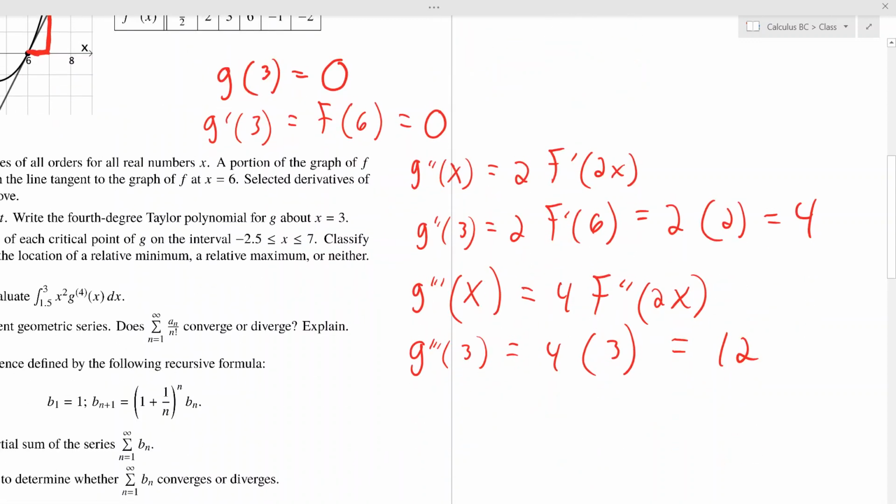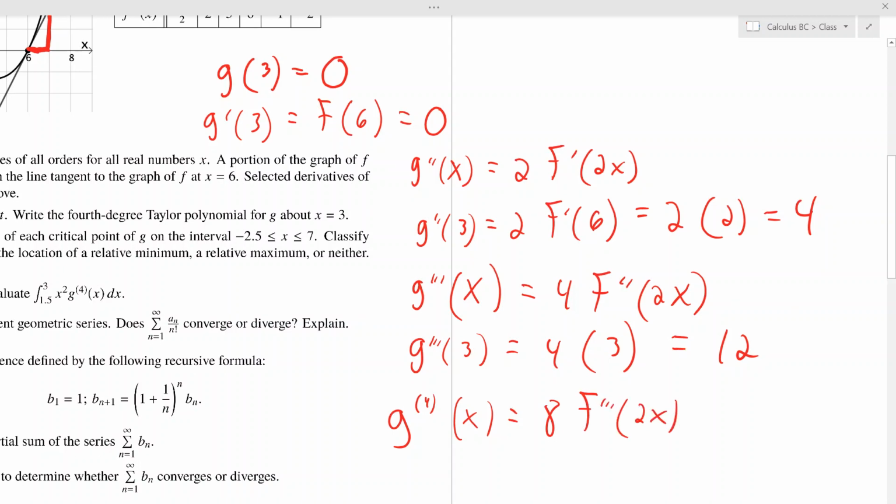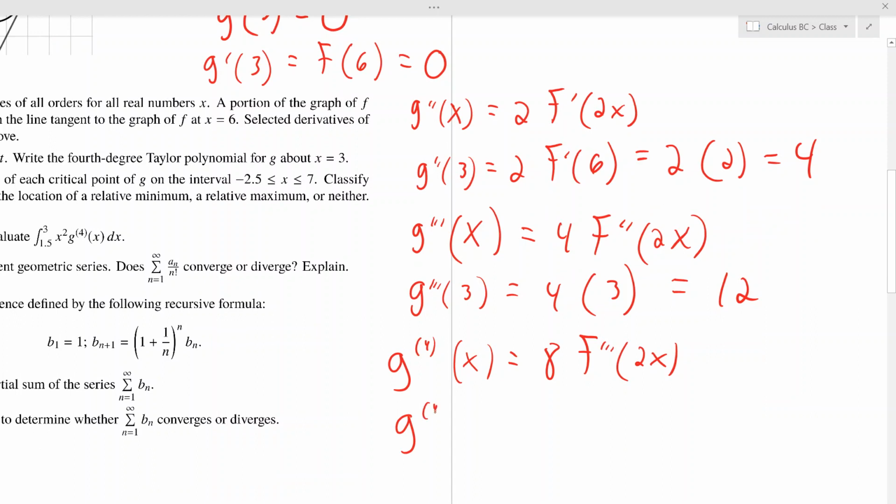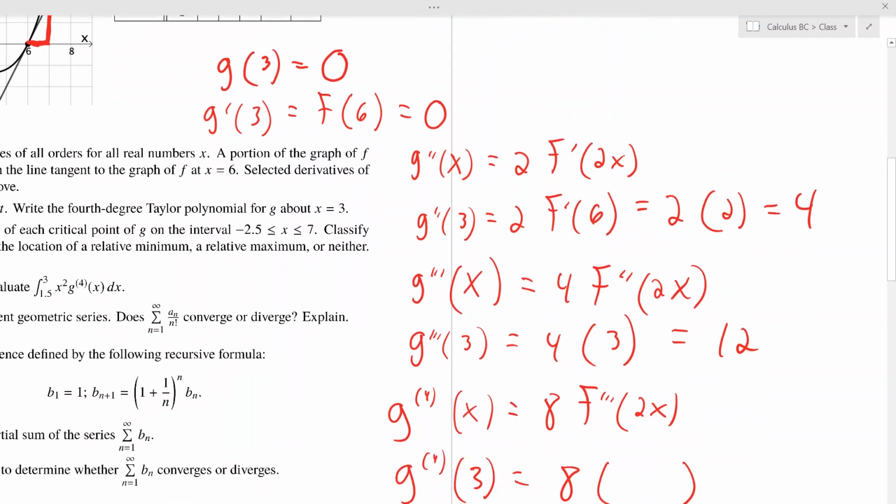And then the 4th derivative, following the same exact rules here, we're going to get 8 times the 3rd derivative of f of 2x. So the 4th derivative at 3 is 8 times the 3rd derivative of f at 6, which they tell me is negative 2. So that's just negative 16.